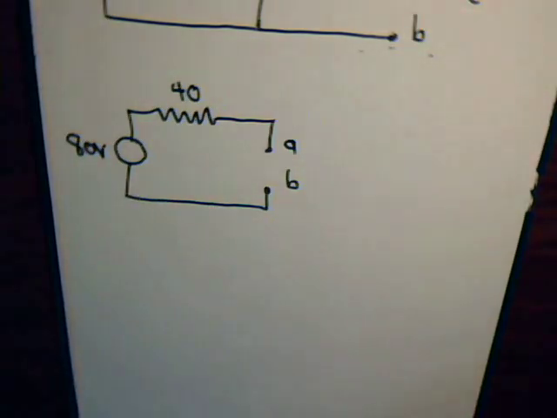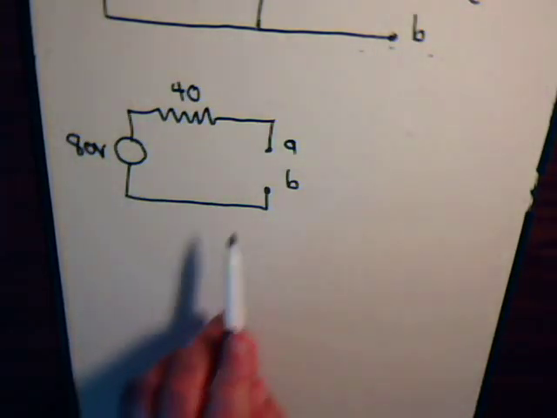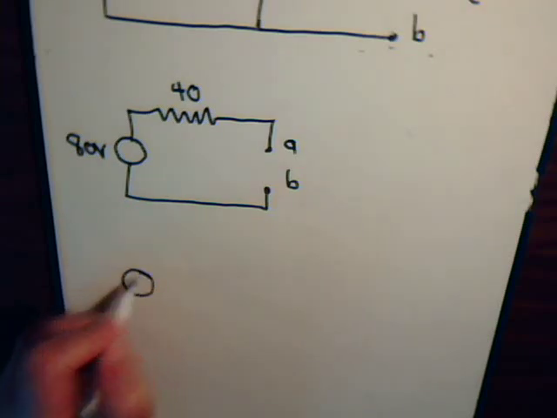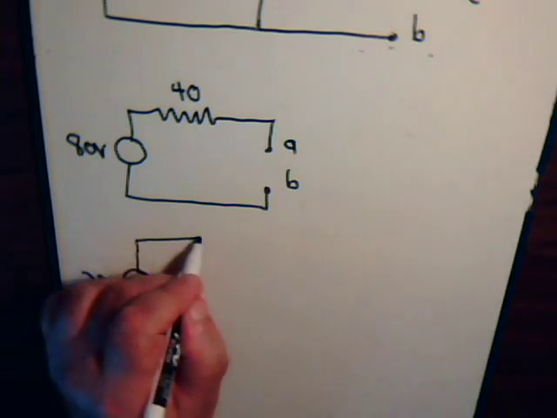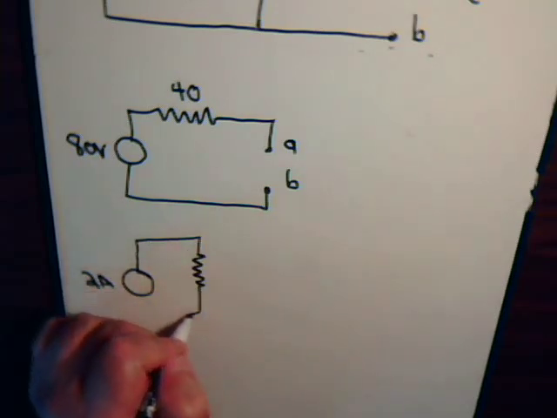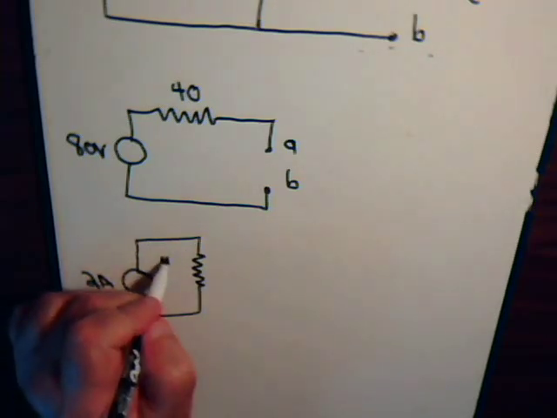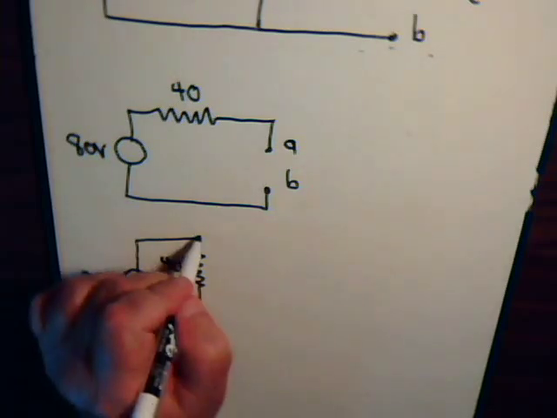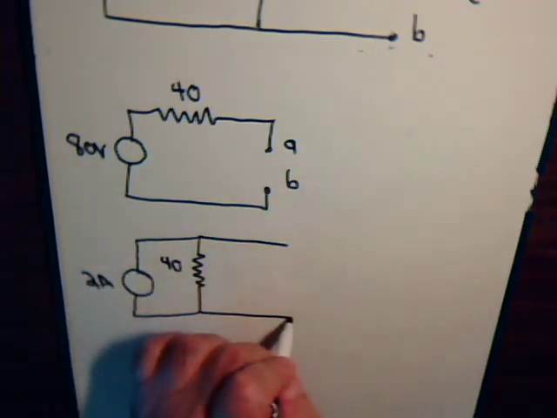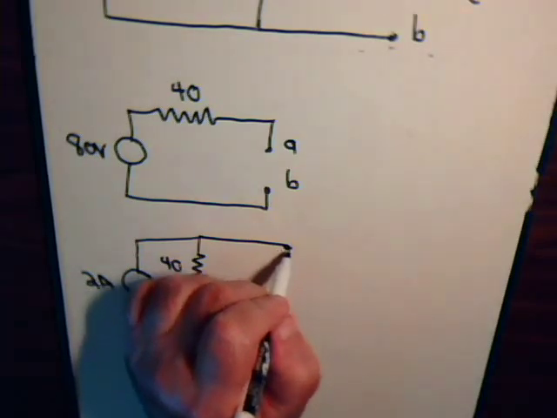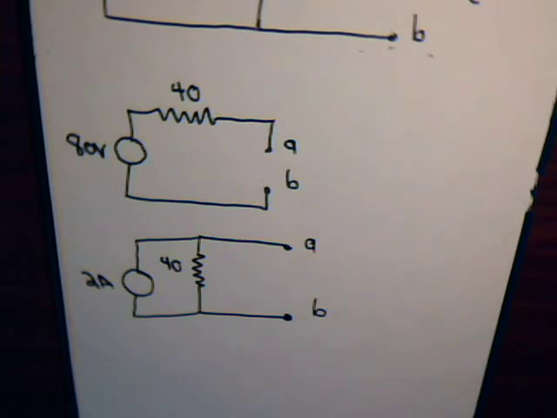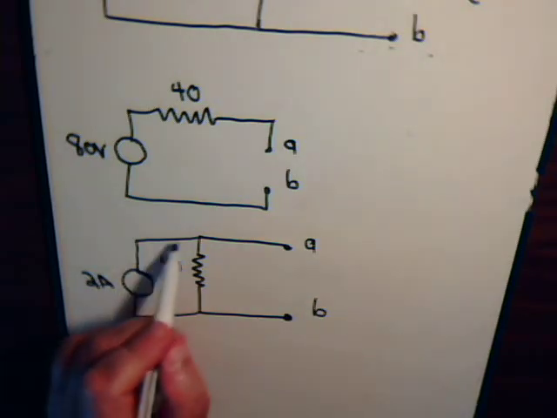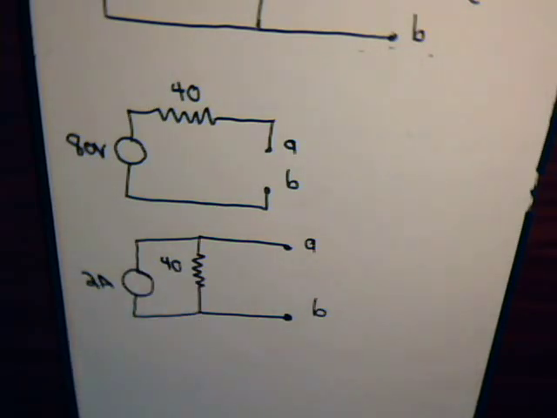This circuit is equivalent to having a current source of 2 amps, and now the 40 ohm resistor is in parallel to it. Notice that the open circuit voltage would be 80 volts.